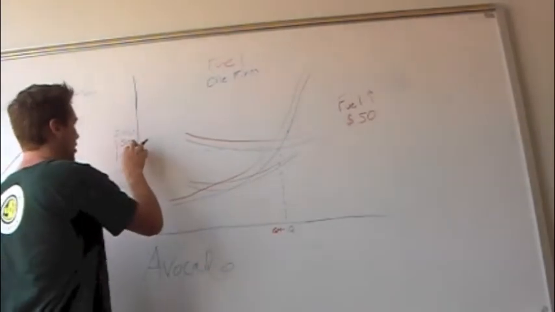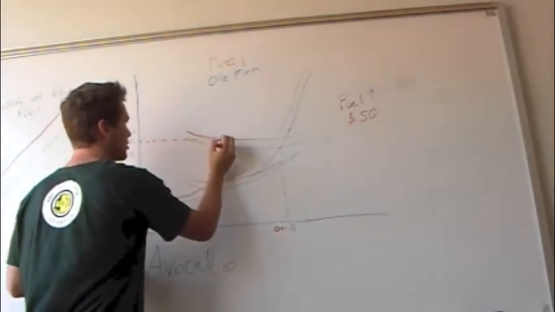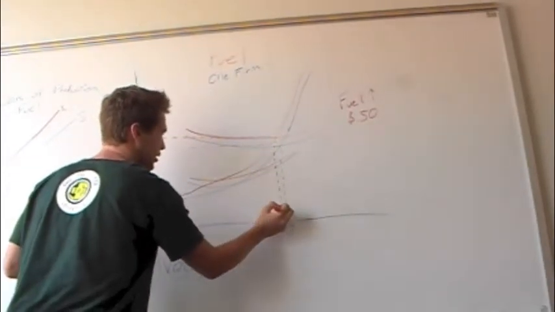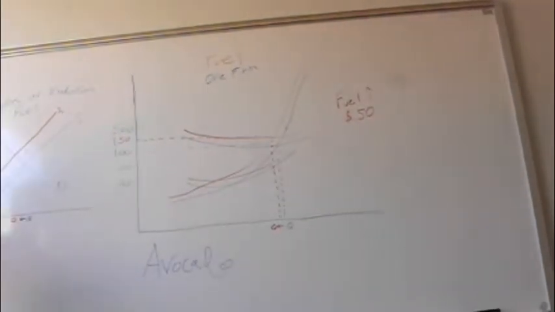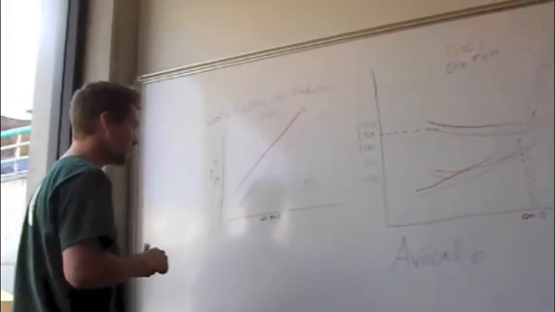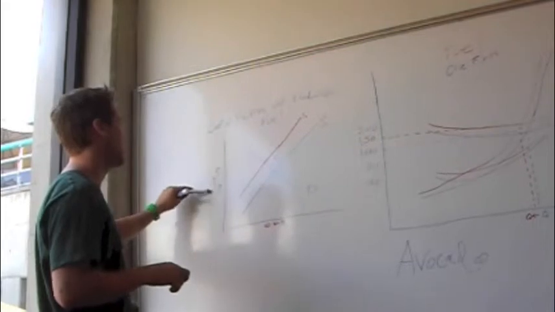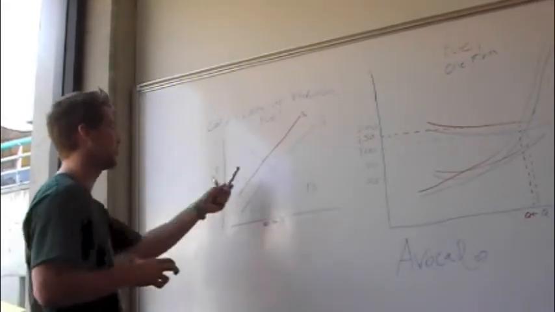So we would find a $1.50 market for fuel, which would have a new price and a new quantity. And this is shown on our supply and demand curve, with a decrease in supply. With a decrease in supply, we have a shift to the left with a price increase and a quantity decrease, which is a new equilibrium.